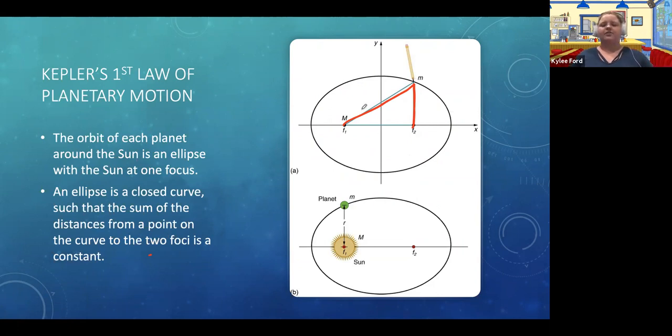So this distance and this distance added up is going to be the same no matter where you draw that point on the ellipse. These distances are always going to add up to equal the same thing. That's all it's saying. So again, going back, Kepler's first law is saying that the planets move in an ellipse around the sun. That's the main idea I want you guys to get out of that.